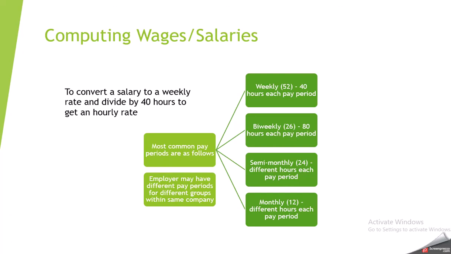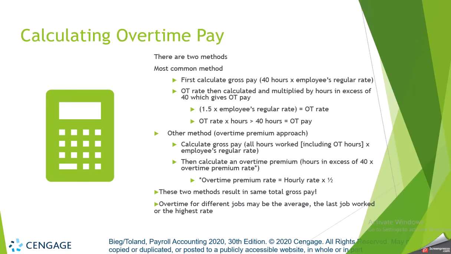There can be instances, what I have off to the side, if you're a salaried worker, so say you're a salaried police officer, but you do get paid for overtime, then you're going to take that annual salary, divide it by 52 to get to a weekly salary, and then divide it by 40 to get to what that hourly rate is, so that you can determine their overtime pay. So then here's some examples on that overtime pay, how we calculate it.